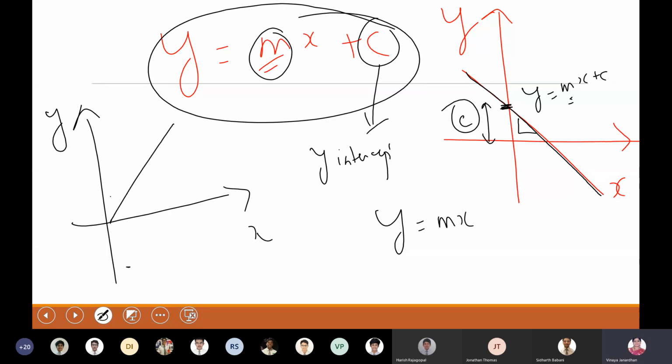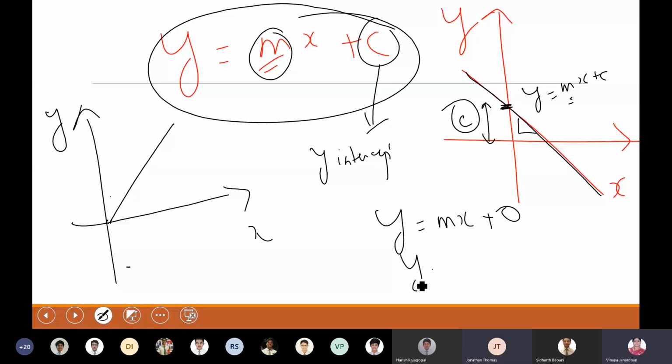The value of C. Where is this line hitting the y-axis? Does it strike the y-axis? Yes. At which point does it strike the y-axis? Zero.